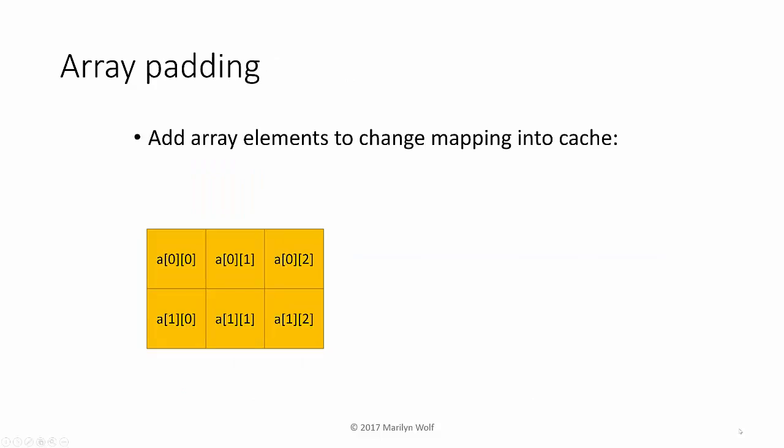Array padding is a simple technique we can use to change how arrays fall into the cache. Consider this array, which has the right-hand index over 3 different values. So the number of elements in the right-hand index of the array doesn't match well with the number of elements that can be held in one cache line.